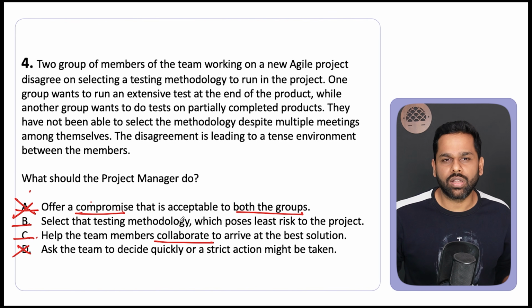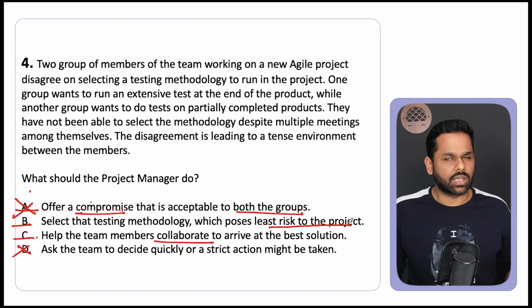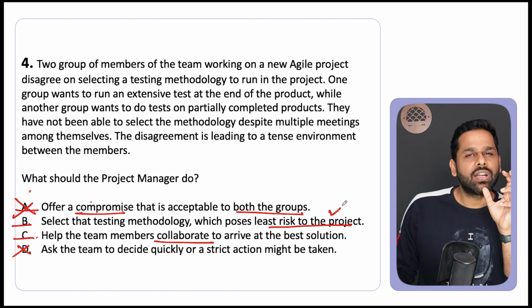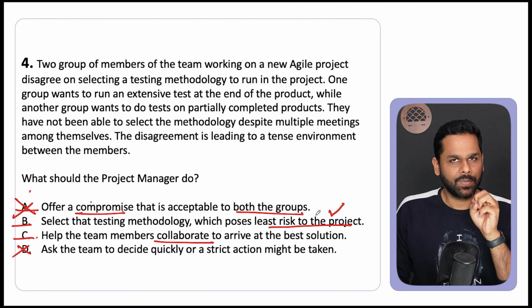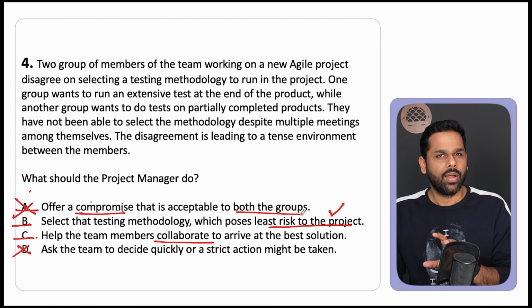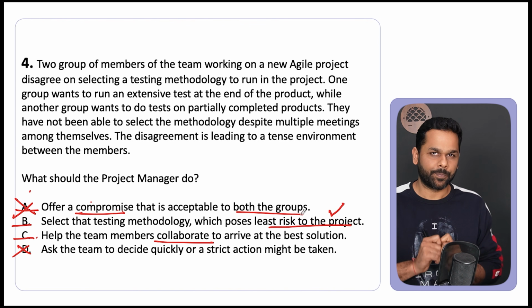Select that testing methodology which poses least risk to the project. Now, this is again a kind of decision that we are taking. As such, it is not a wrong decision. It is helping the project, but the decision is not complete.